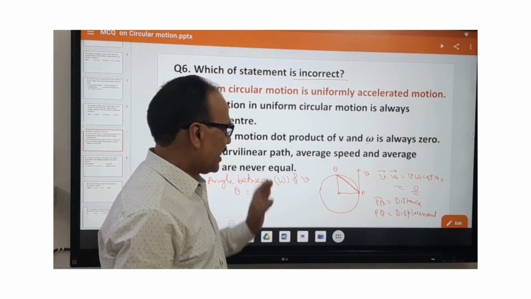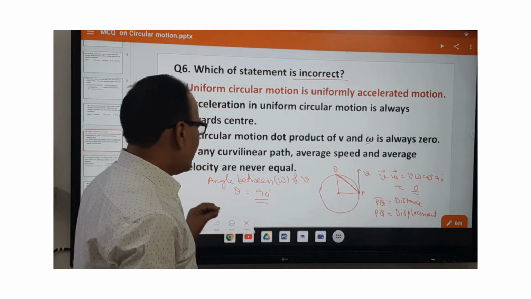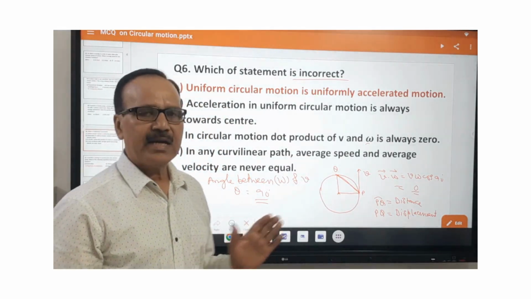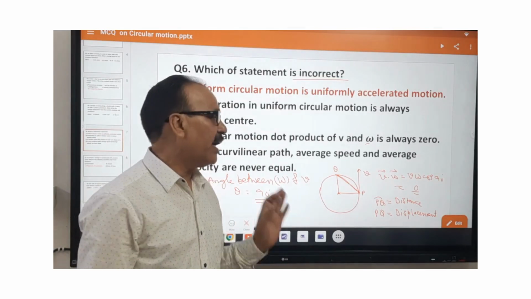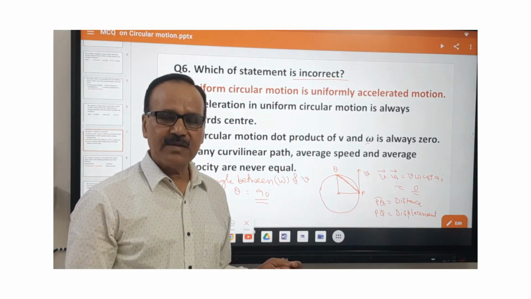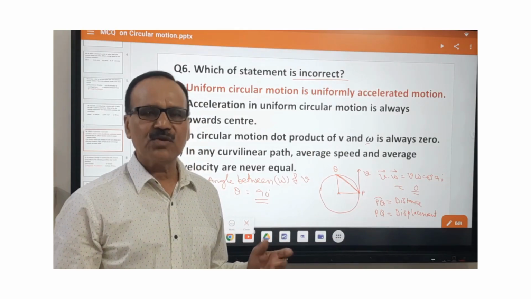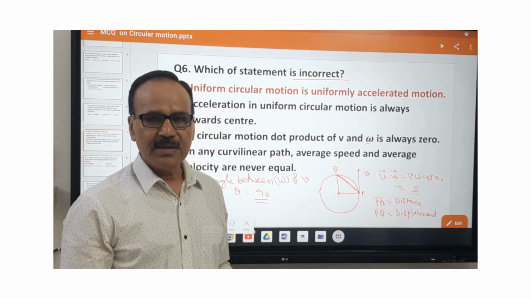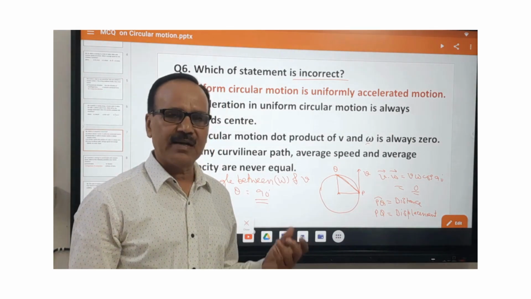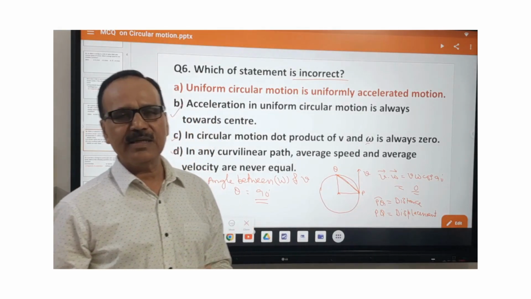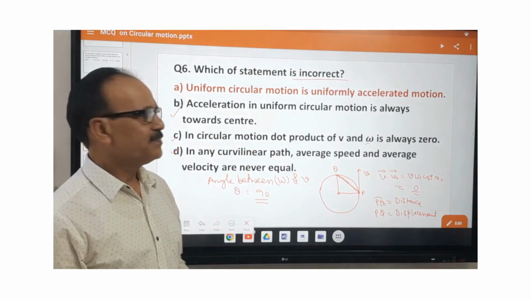It means average speed and average velocity will not be equal in any case. The average speed is equal to distance upon time, and average velocity is equal to displacement upon time. When the distance and displacement are different, the average speed and average velocity will remain different.